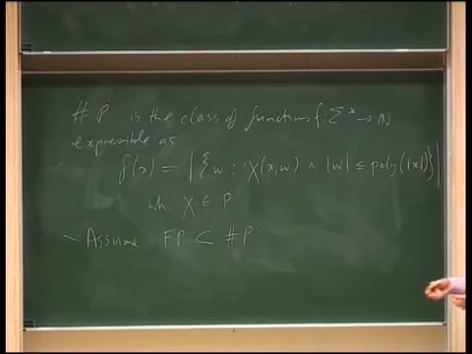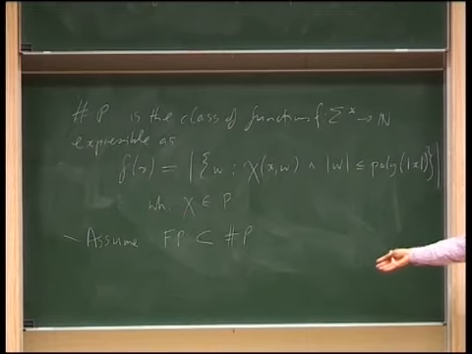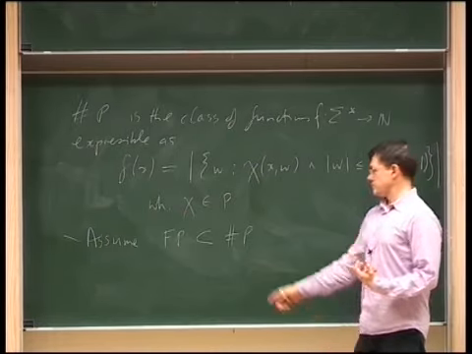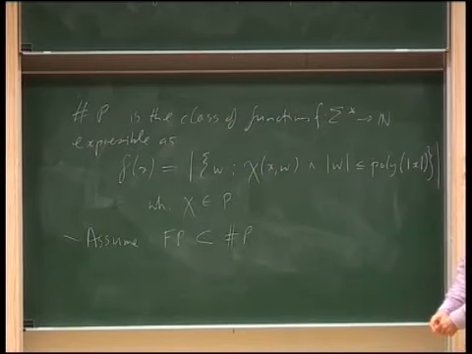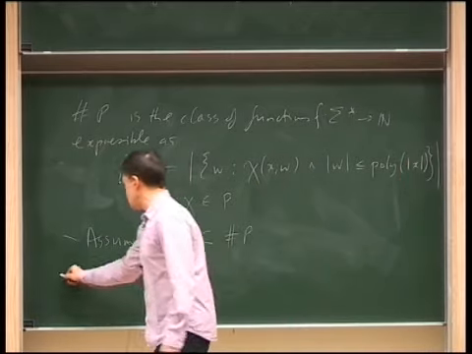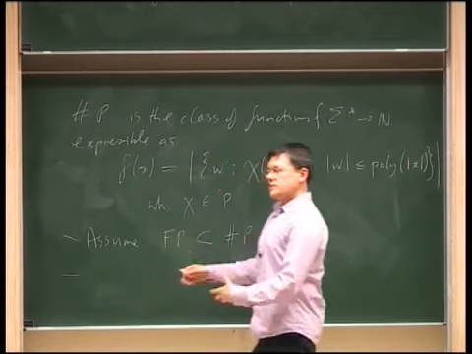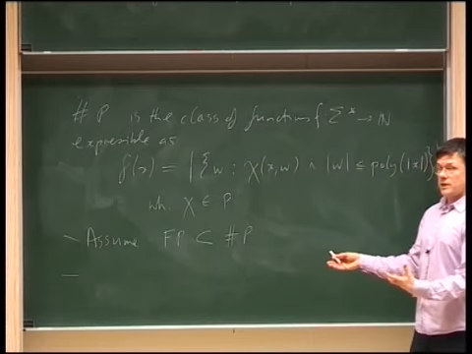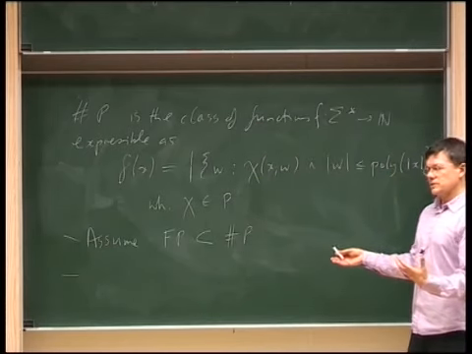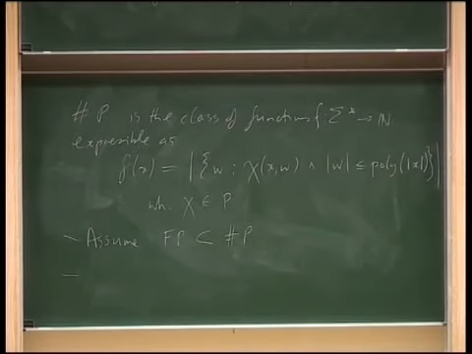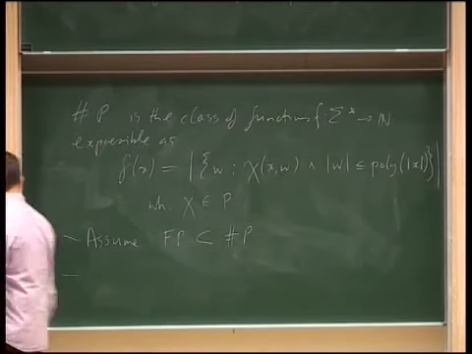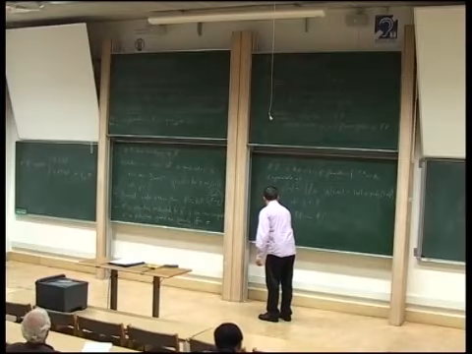We're going to assume that there are things expressible in this form, counting witnesses, which are not polynomial time. And now, as before, we need to identify the hardest things within #P, and we do that by reduction. Here I'm going to use what is called Turing reduction.